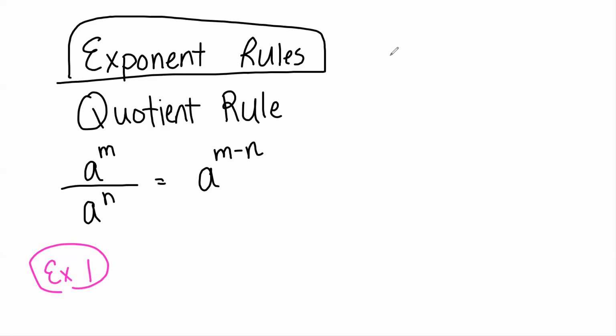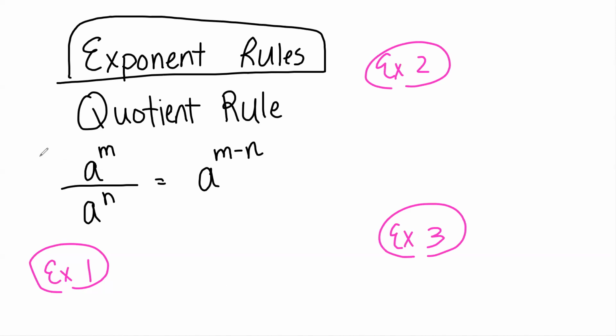Okay, I'll do a few examples of these. And again, I'll mix it together by the end of the video, but these are going to be just basic examples. Let's do x to the 10th over x to the 4th. Keep the x and subtract. 10 minus 4 is 6.